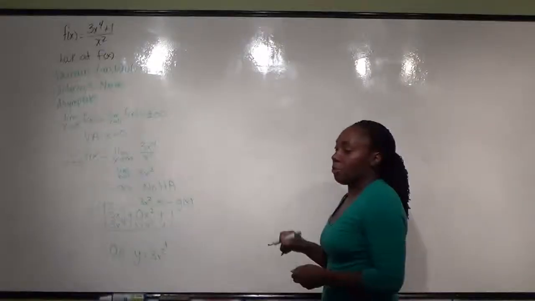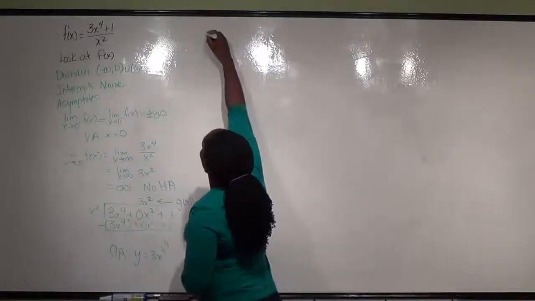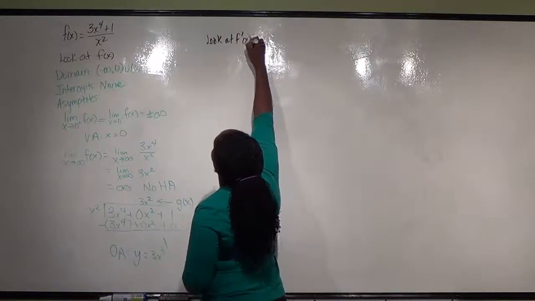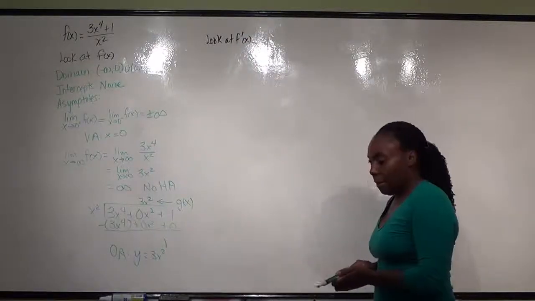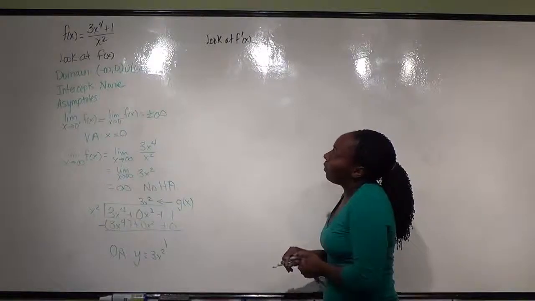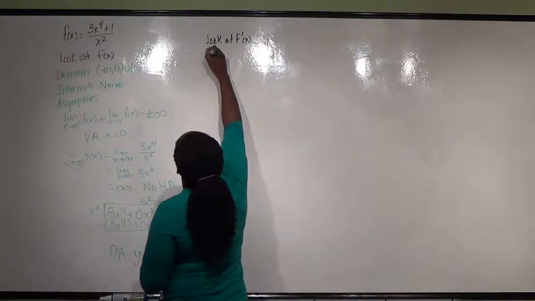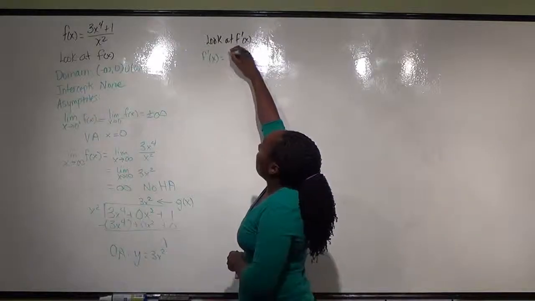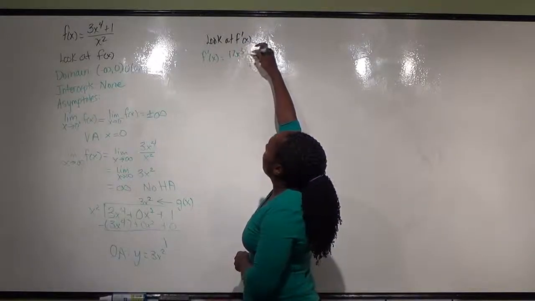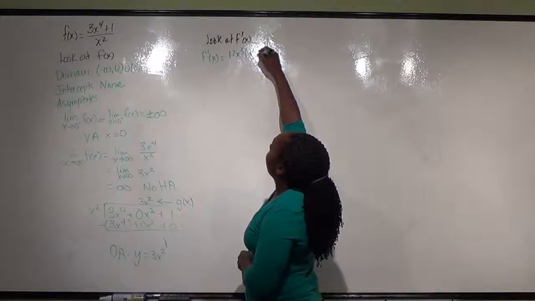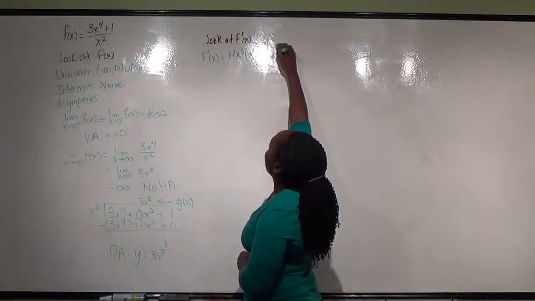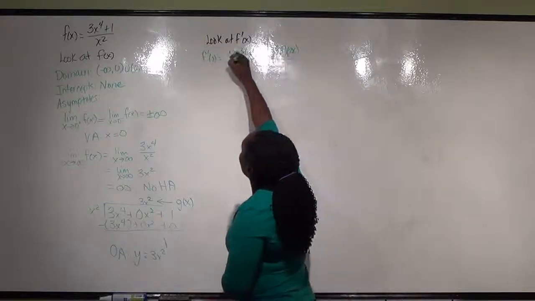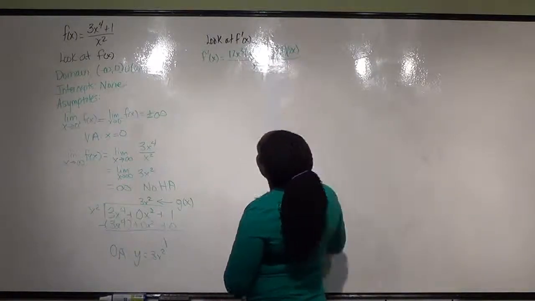Now that we have the intercepts and the asymptotes, let's look at f prime. Okay. For f prime, we need our derivative, so we're going to have to use a quotient rule here. So the derivative of the top is going to be a 12x cubed times the bottom minus the top times the derivative of the bottom, all over the bottom squared.